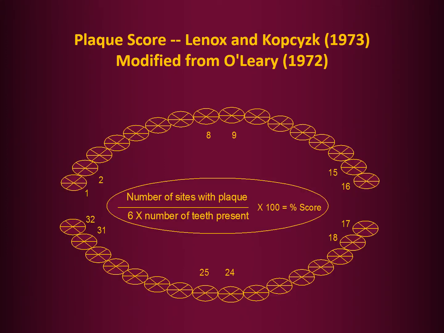Now, the plaque score by Lenox and Kopczyk, and this is modified from O'Leary. This score essentially measures whether or not there's plaque on the surface of a tooth, and you see all 32 teeth are represented in the diagram, and you simply measure the number of surfaces with plaque, the number of sites with plaque, if you will, and divide it by 6 times the number of teeth that are present and multiply times 100 to give a percent score.